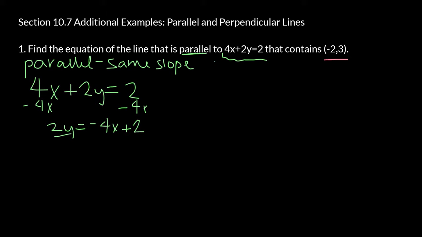And then divide everything by 2 to solve for y. y equals negative 2x plus 1. So in this line, the slope is negative 2. So the parallel slope would be negative 2.